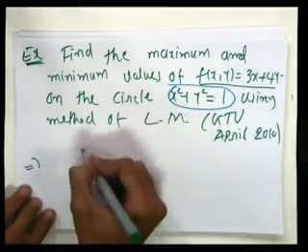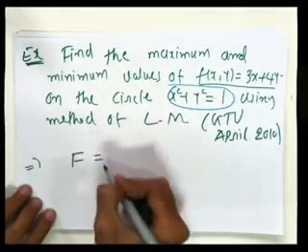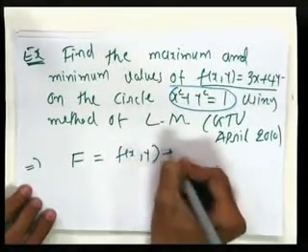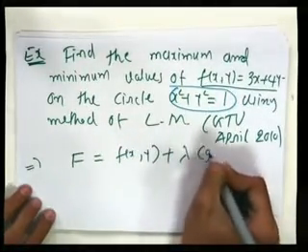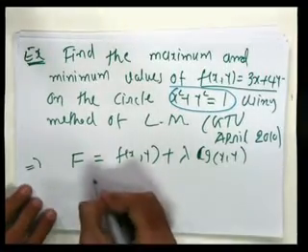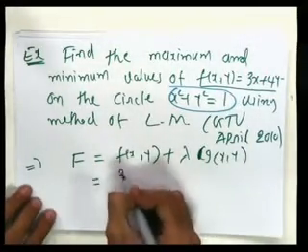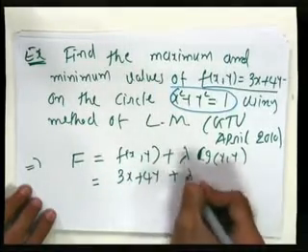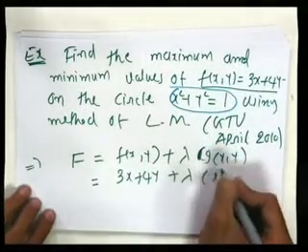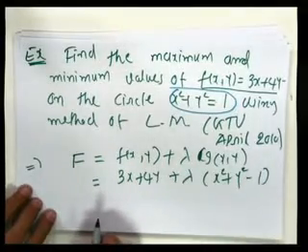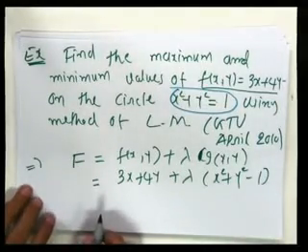Here we define capital F as f(x,y) plus lambda g(x,y), which is 3x plus 4y plus lambda times (x squared plus y squared minus 1). So this is our g(x,y).